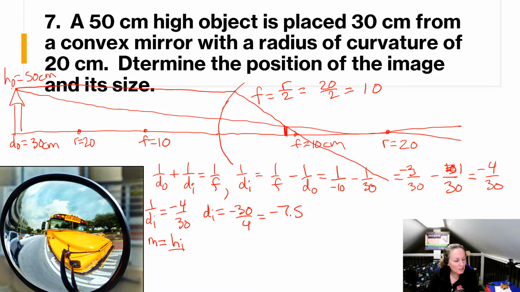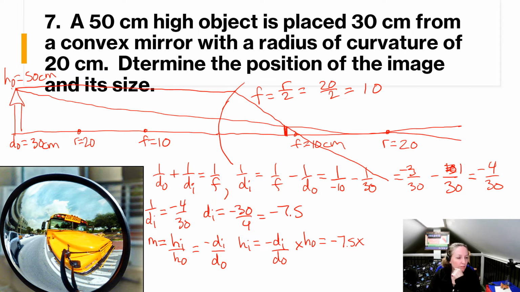So magnification is height of image over height of object, which equals negative distance of image over distance of object. So height of image is going to be negative distance of image all over distance of object times height of object. And what do we have? We have negative distance of image, which is negative 7.5, times height of object.